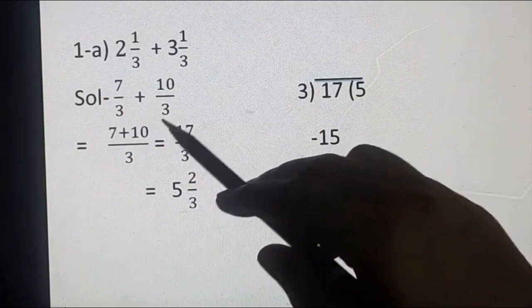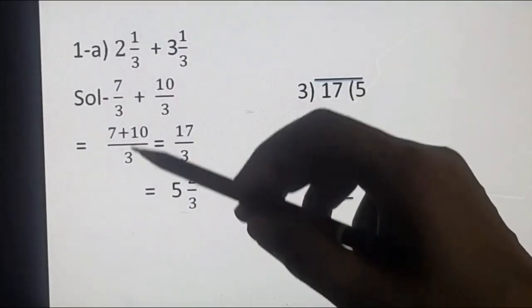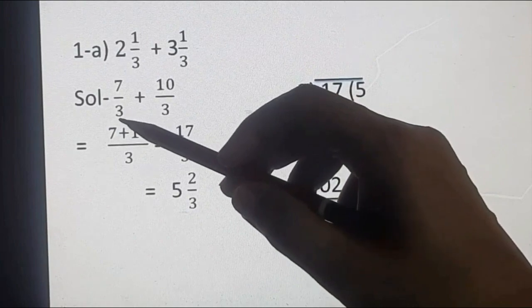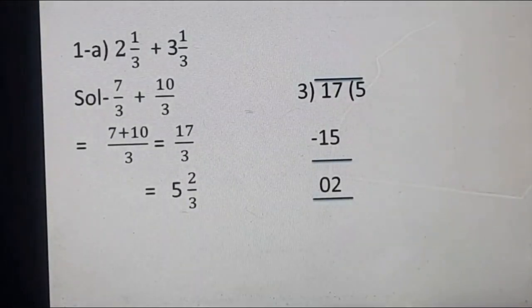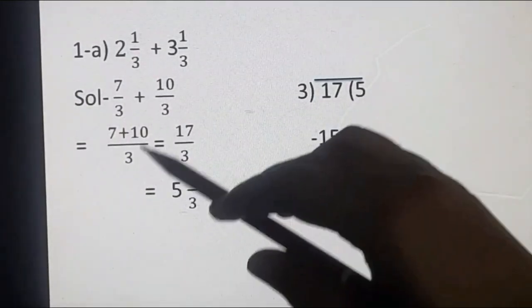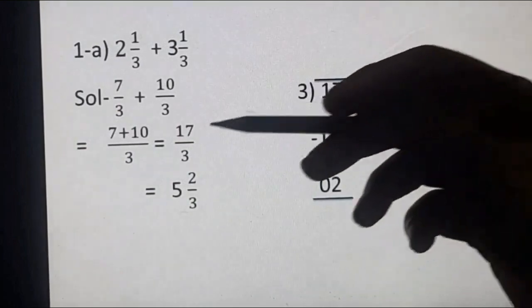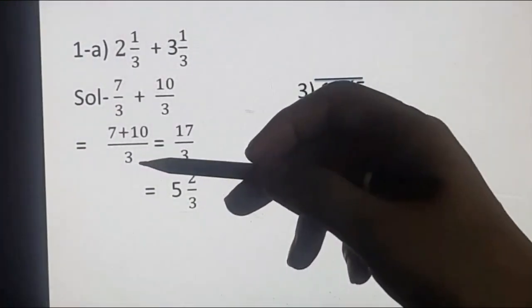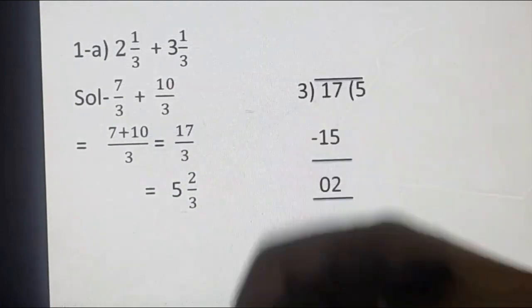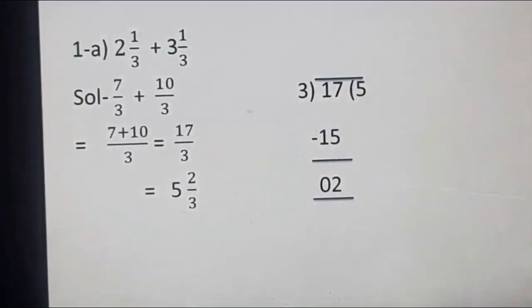So the LCM of 3 and 3 is 3. 3 divide 3, 1. 7 multiply 1 is 7. 3 divide 3: denominators will be divided by the denominator, and whatever quotient we are getting will be multiplied with the numerator. So 3 divide 3, 1. 1 multiply 10, 10. So 7 plus 10, 17. 17 upon 3.